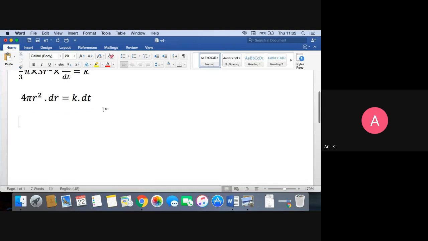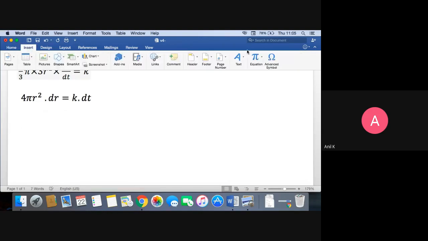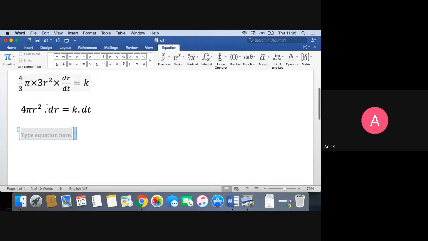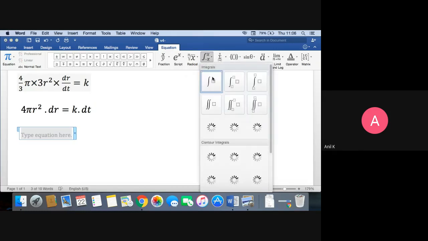Now let's integrate this and see what we get. If you want, you can write the statement integrate on both the sides, otherwise you keep it as it is. Okay, let's integrate this on both the sides.